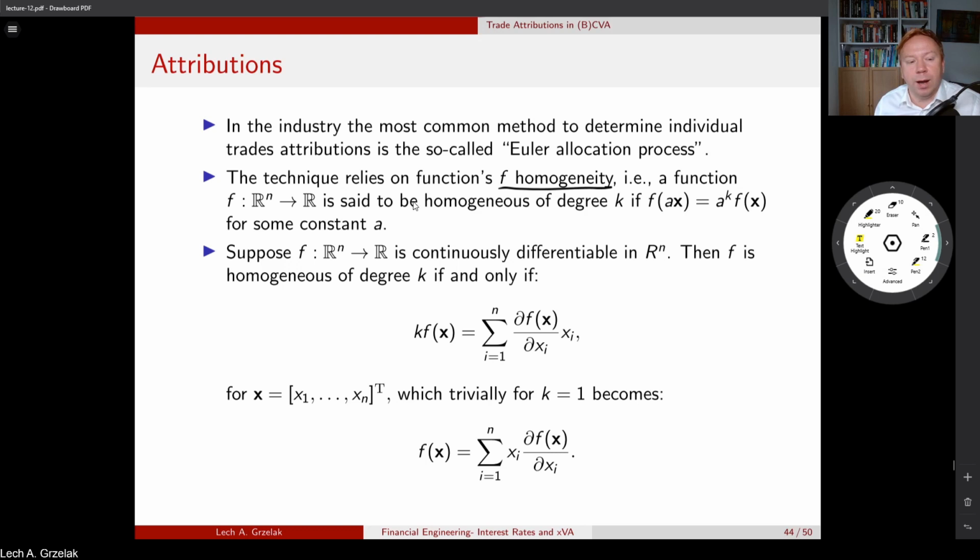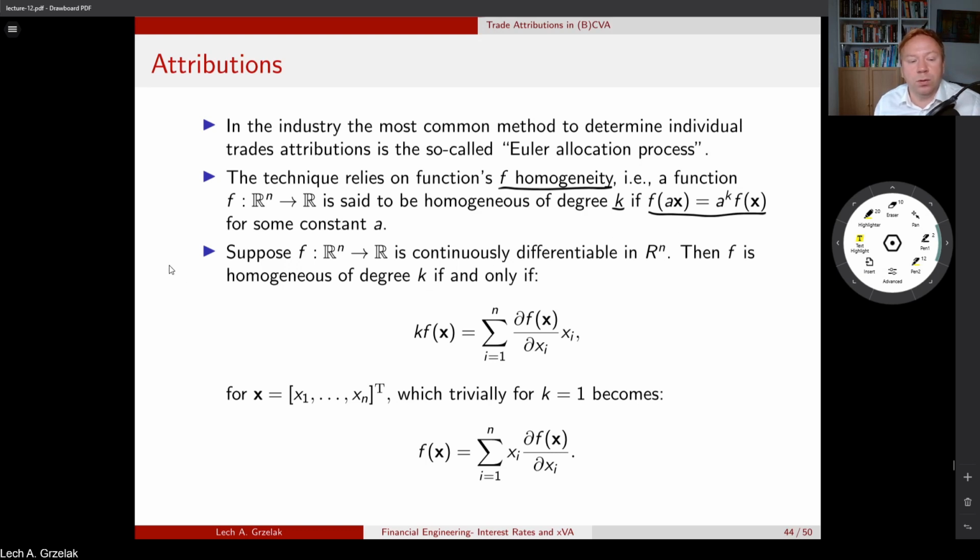The function f, which is mapping R^n to R, is said to be homogeneous of degree k if the following equality holds. If we have a function f of a times x, where x is a vector with n entries, and this equals a to the power k times f of x, then we say that function f is homogeneous of degree k.